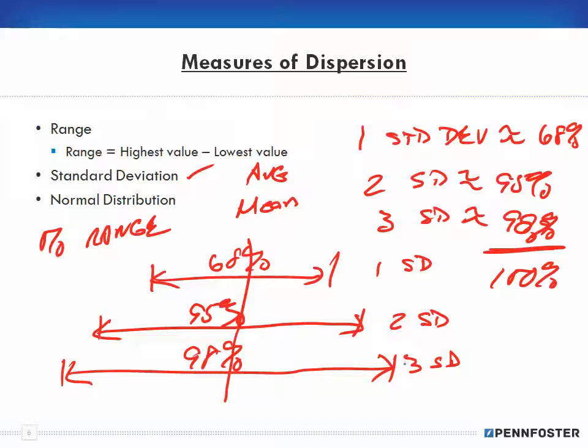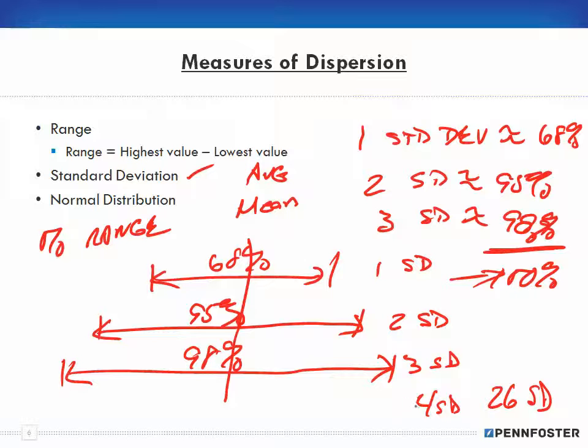Now, realize that we can go to 4 standard deviations, 5, 6. NASA actually deals with, in the realm of 26 standard deviations. And realize that we can't get to 100, because 100 means everything is inclusive. You'll see this when you see the graph for normal distribution.